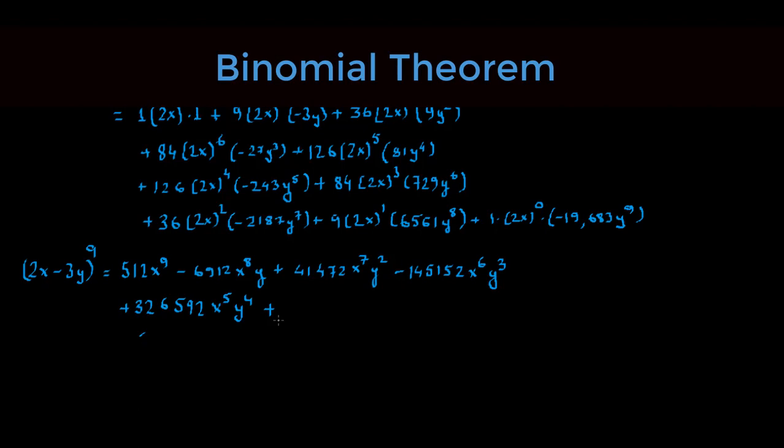126 times 2 raised to the power of 4 times negative 243. So this is negative 489,888. So this is x raised to the power 4 y raised to the power 5. Then positive 84 times 2 to the power 3, which is 8, times 729.